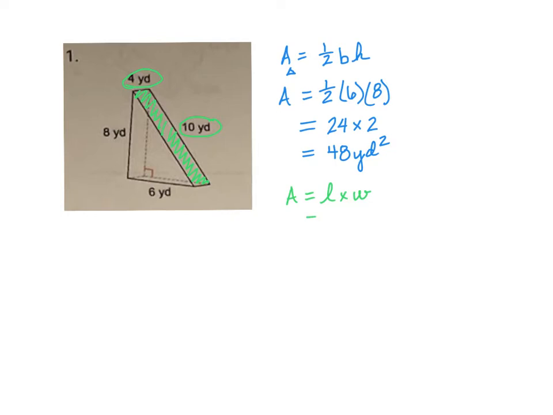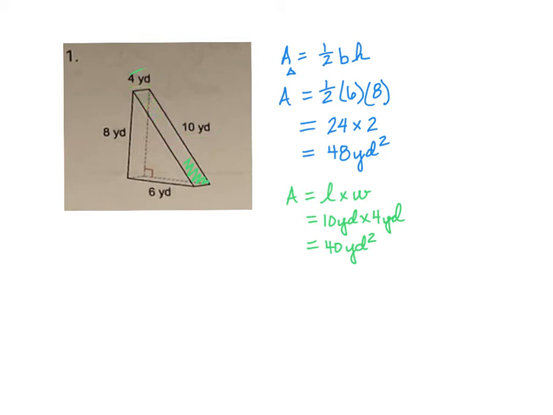I'll include the units, which I probably should have done above too: the length is 10 yards and the width is 4 yards. 10 times 4 is 40 square yards. So now we've found the area of that face, and I don't think we have any other face that's analogous to it.